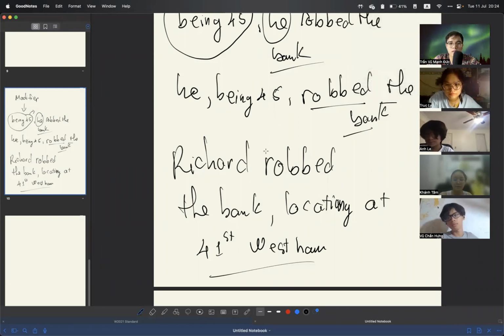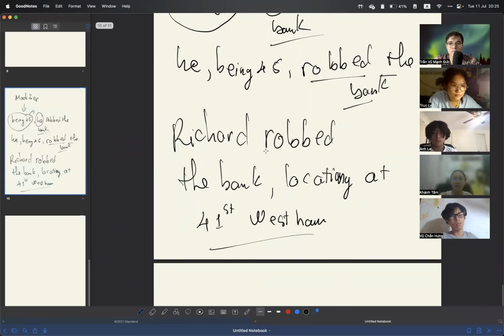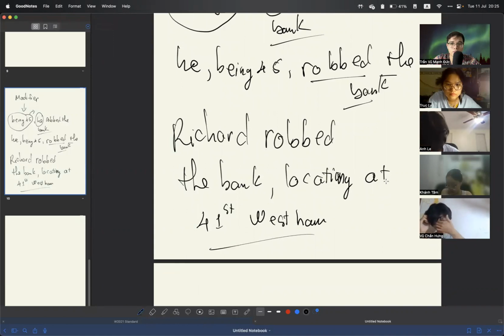And what is the word that it is modifying or supporting? Yes, it's the bank, because it is right next to locating at. Yeah, this is right next to a modifier. That's why it is being modified.